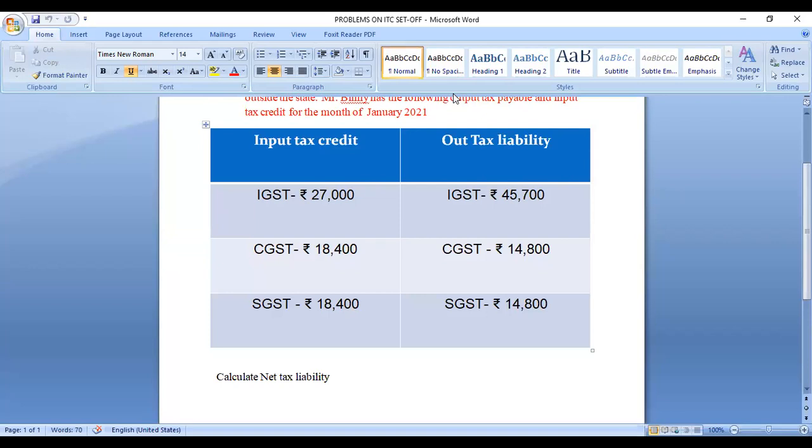How to calculate? Find out net tax liability.